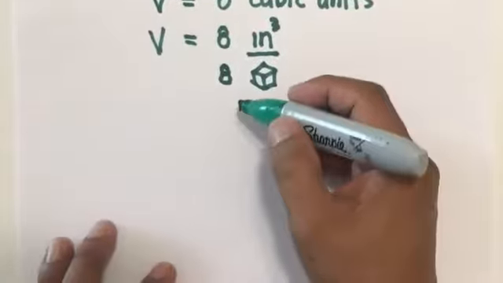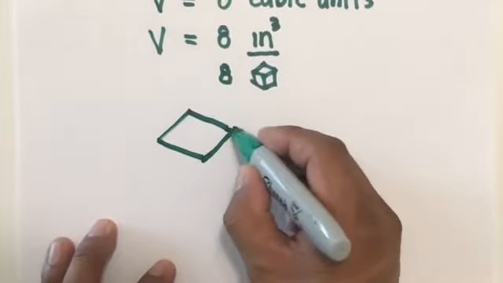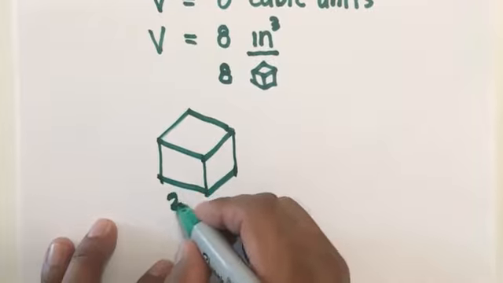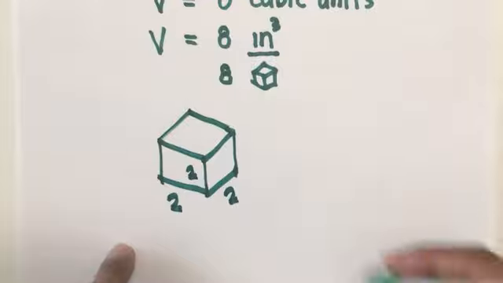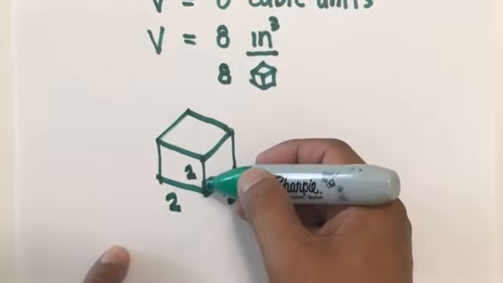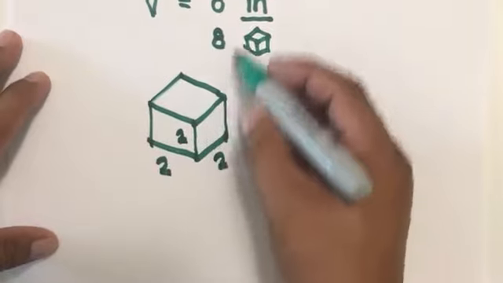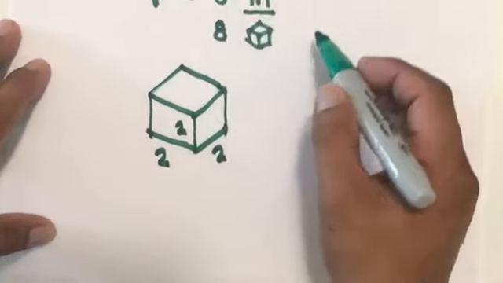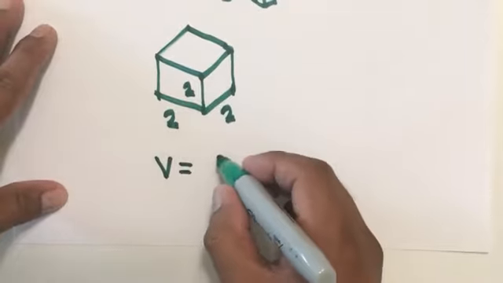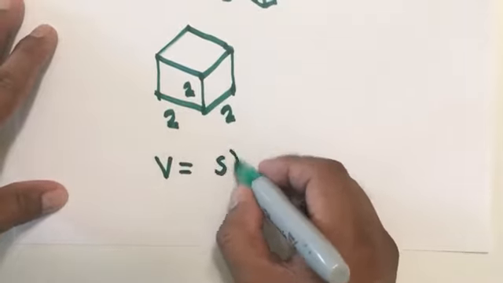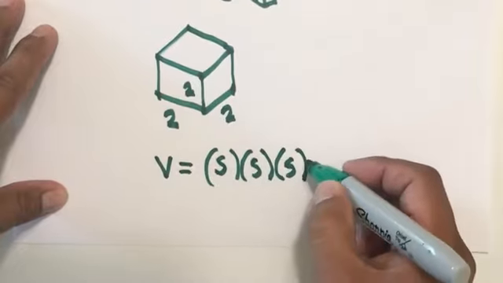The box that we were talking about has 2 units here, 2 units here, and 2 units there. So the length, the width, and the height are all 2 inches. We also call that the side length. To get these 8 cubic units, you just multiply all those side lengths: the side multiplied by the side multiplied by the side.